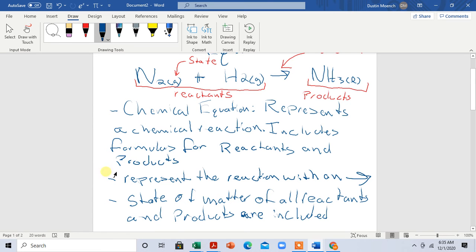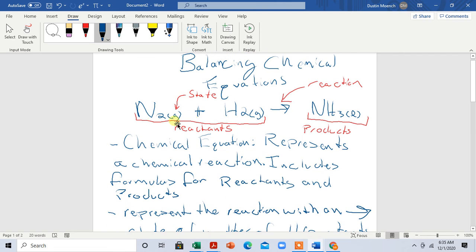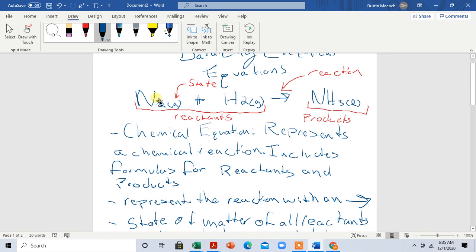That's the basics of what a chemical equation is and how to look at one and tell what we've got here. We could say we're mixing nitrogen gas with hydrogen gas and we're making ammonia.